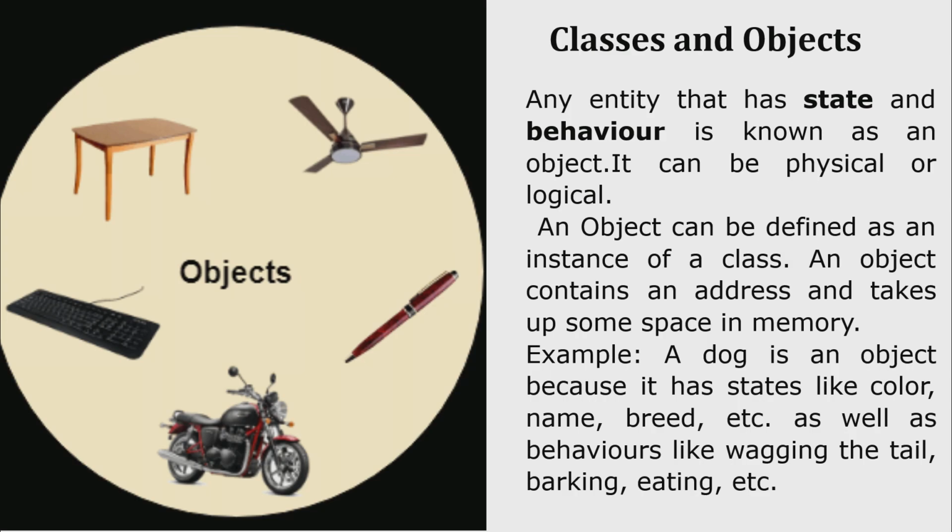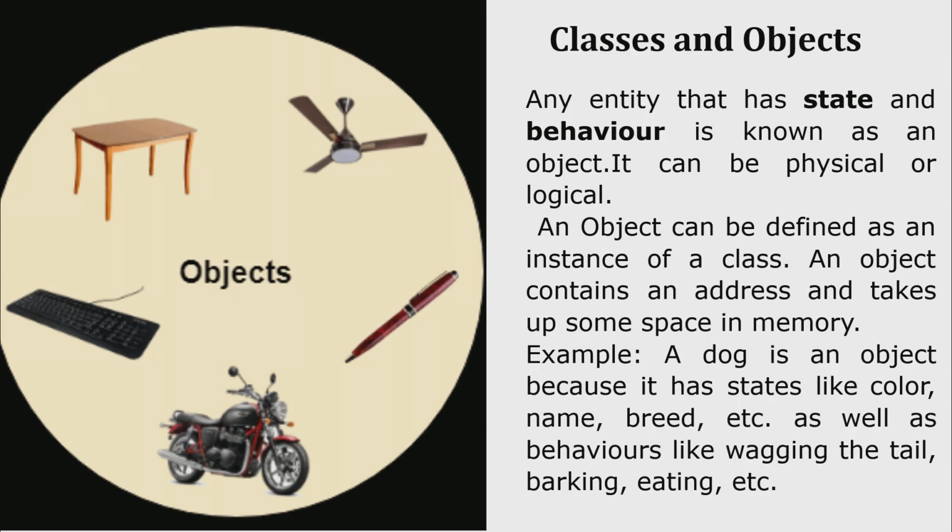For a class, we can create several instances. I will tell you about this later. An object contains an address and takes up some space. Since it takes up space in memory, it has an address, through which we identify that object in memory. An example of an object is a dog.